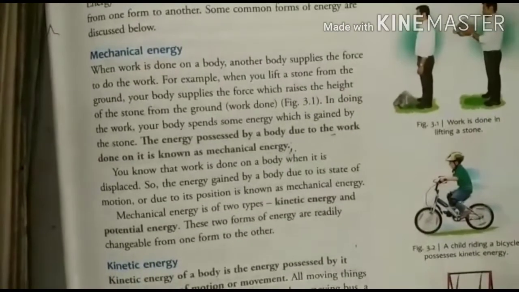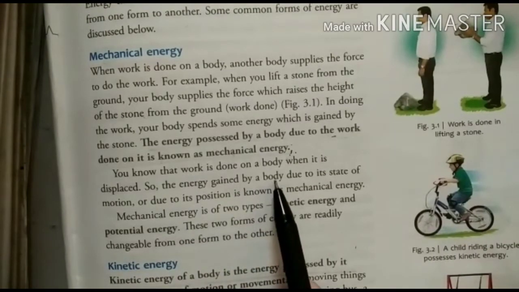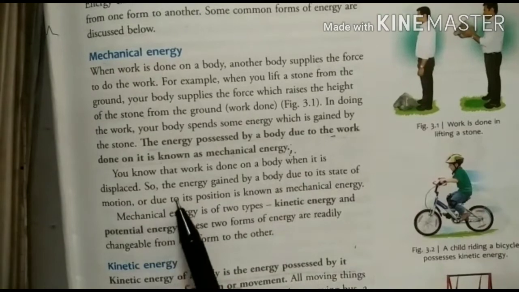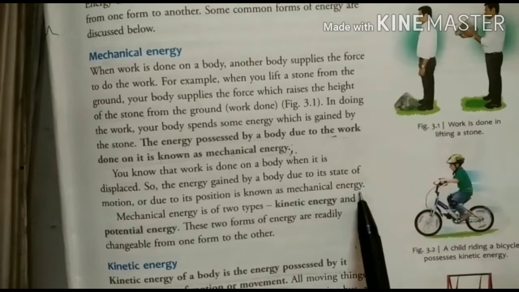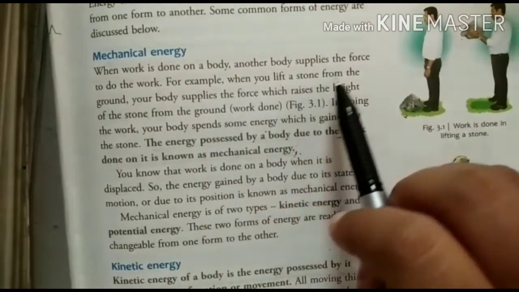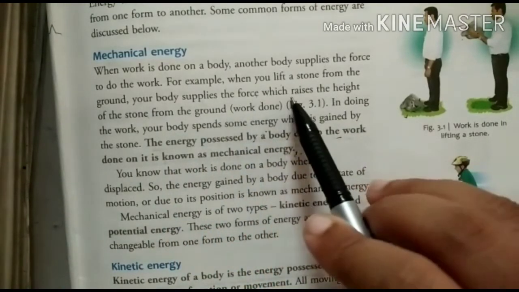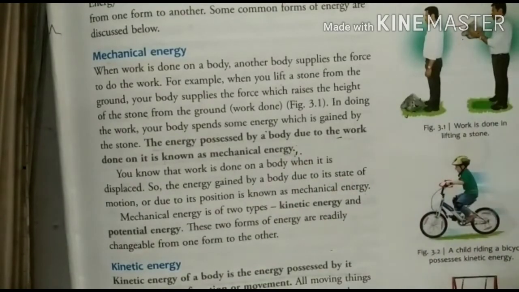Or in other words, you can say that energy gained by a body due to its state of motion or due to its position is known as mechanical energy. For example, when you lift a stone from the ground, your body supplies the force which raises the height of the stone from the ground.